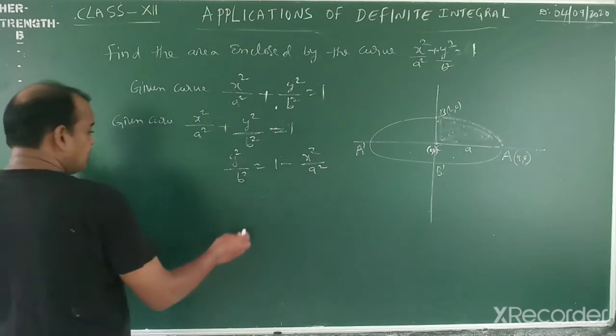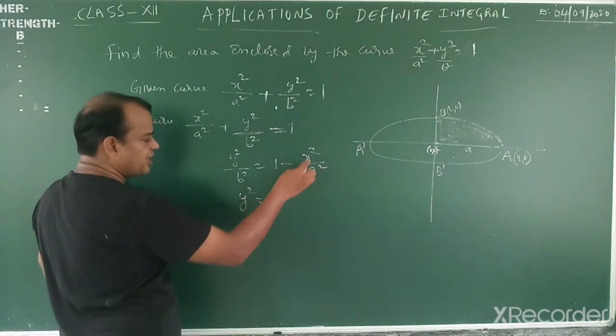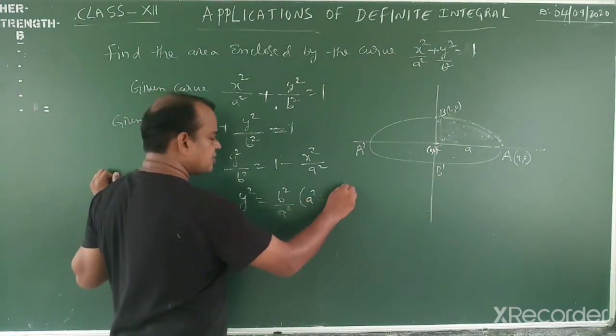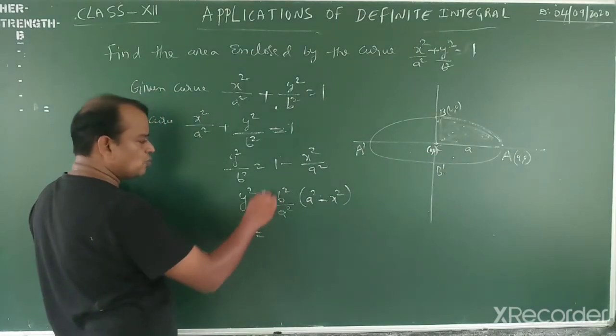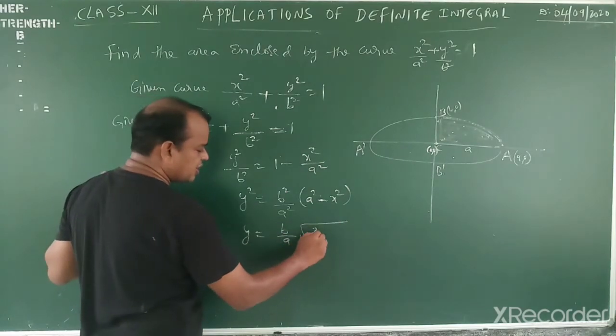Now y square is equal to b square into (a square minus x square) by a square. So y is equal to b by a into root over a square minus x square.